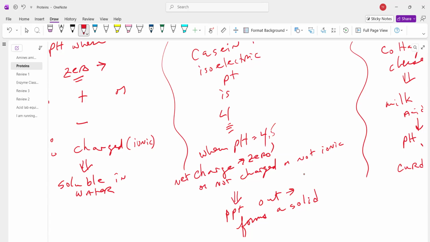If we brought the pH of milk down, so we're figuring the pH of milk is, say, 7.5, a little over neutral, and we start approaching the isoelectric point of that protein, what happens is we start getting less and less negative charge, until when we hit 4.5, the net charge is 0.